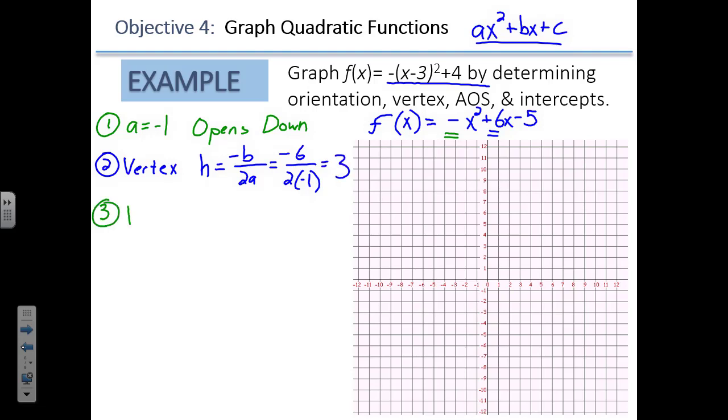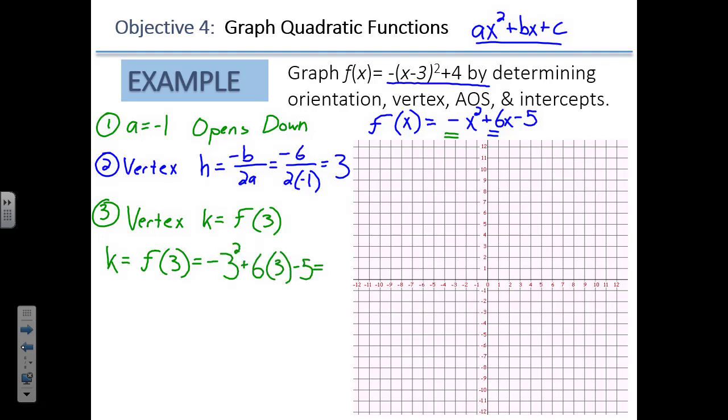The other part of our vertex, the k value, is found by plugging that into our function. So we want to find f of 3. Negative 9 plus 18 minus 5 turns out to be 4, and therefore we can conclude that our vertex is at (3, 4).